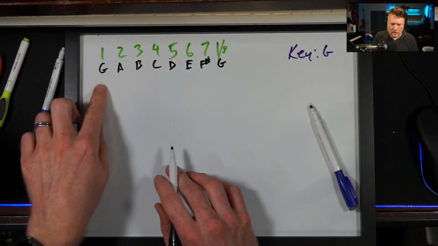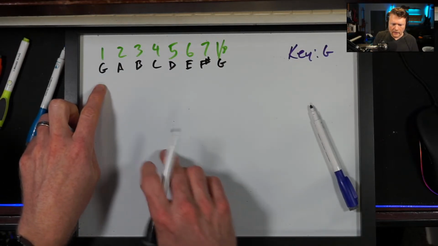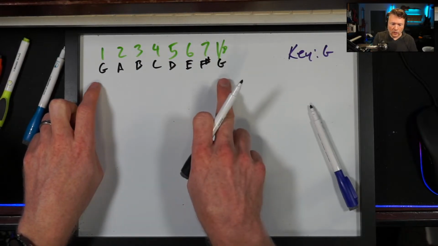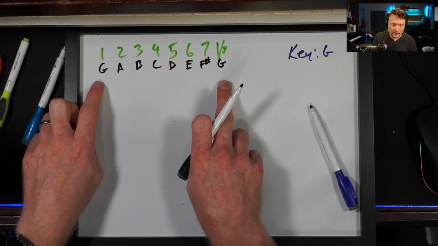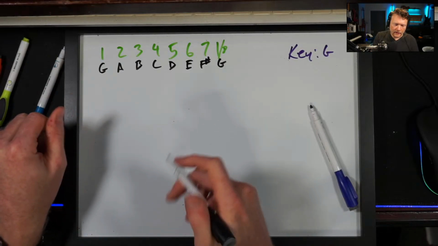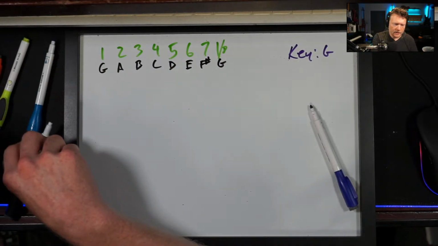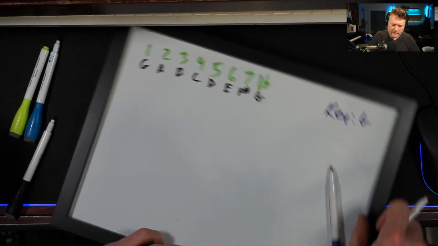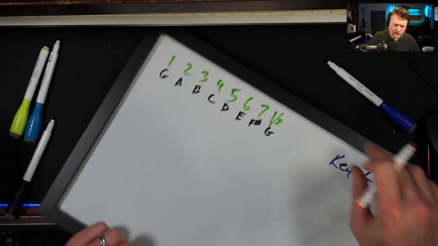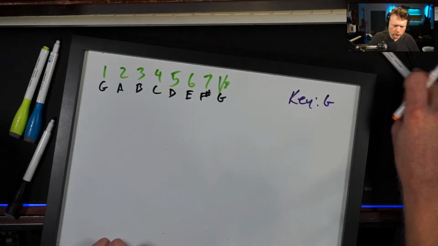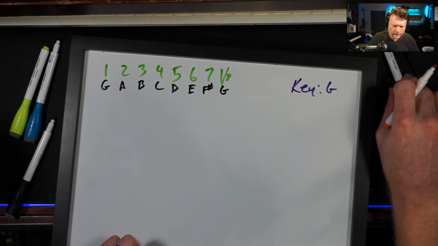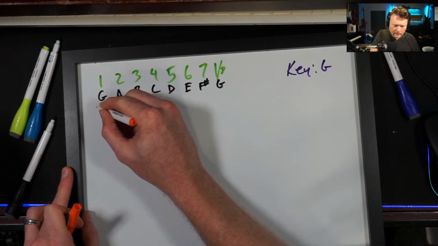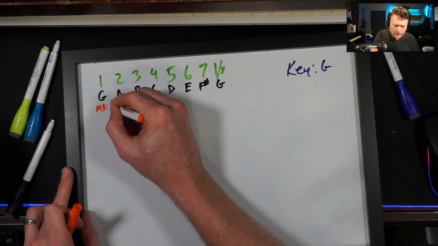Now in another lesson we looked at the 7 chords in every major key. I'm going to write major or minor underneath these.